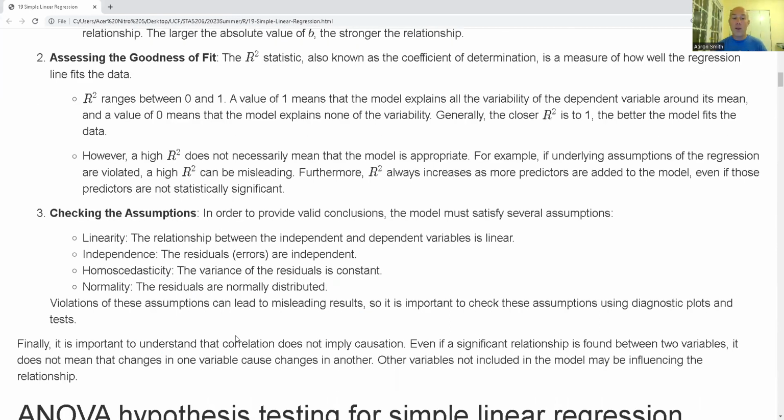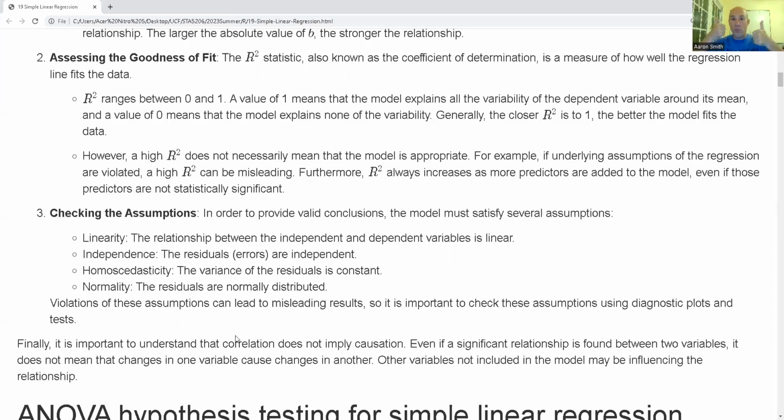Finally, it's important to understand that correlation does not imply causation. Even if a significant relationship is found between two variables, it does not mean that changes in one variable will cause a change in the other. Other variables not included in the model may be influencing the relationship. Good example of this is that as ice cream sales go up, crime goes up.